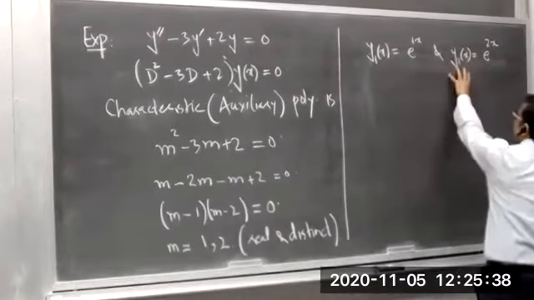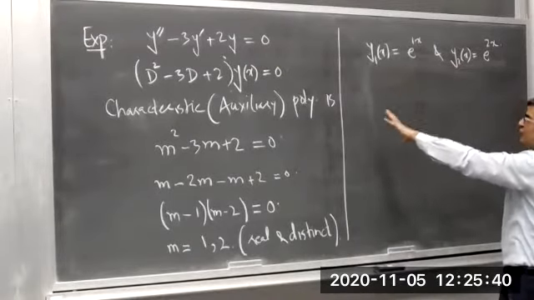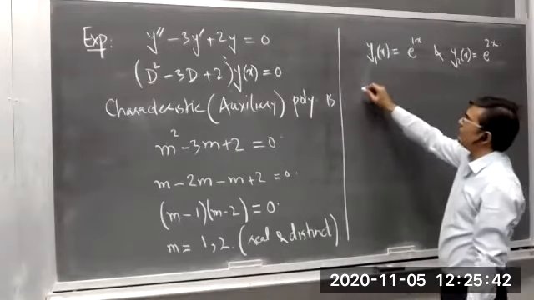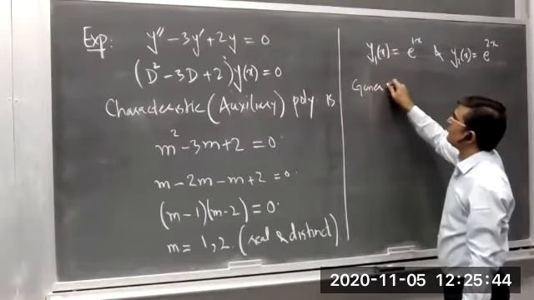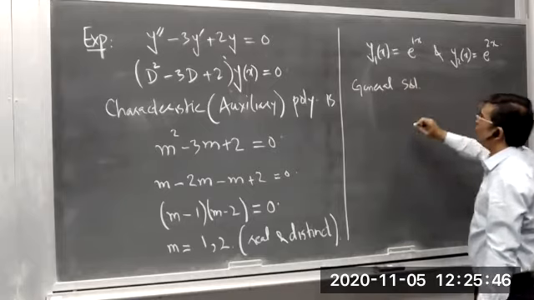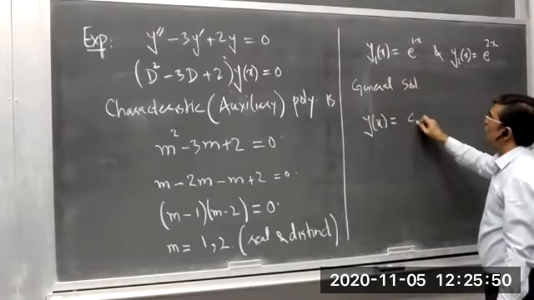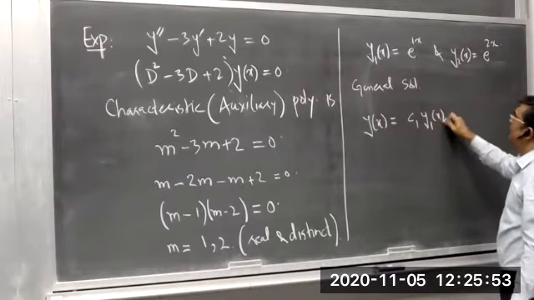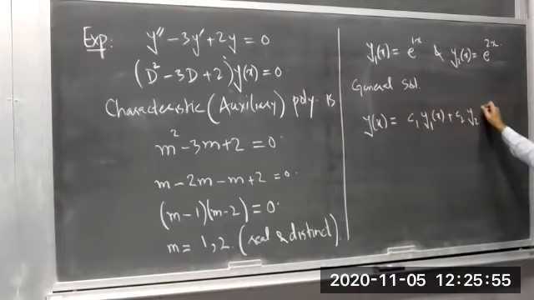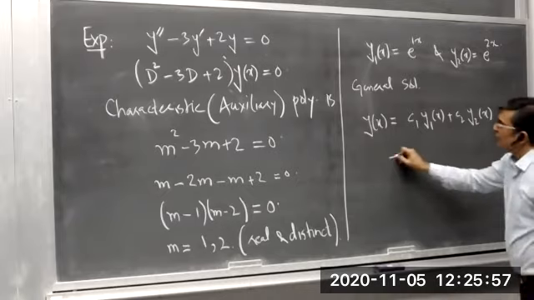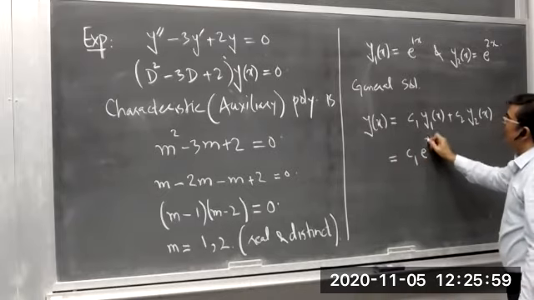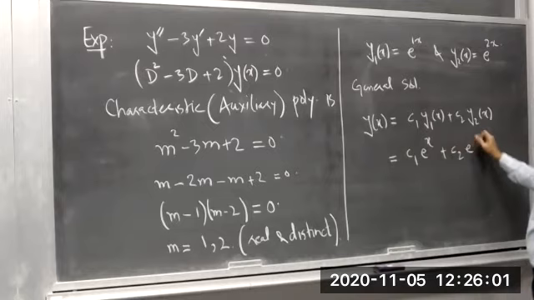If we have two solutions, then by using the principle of superposition, we can write the general solution of the given ODE. It is y equals C1 y1 of x plus C2 y2 of x. So the general solution is C1 e raised power x plus C2 e raised power 2x.